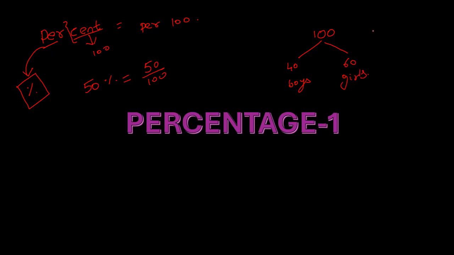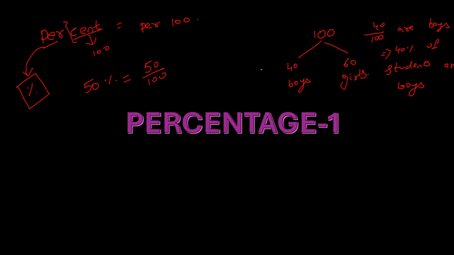So I can say that 40 out of 100 students are boys, which is also equal to 40% of the students in the class are boys. So percentage helps us to compare part with whole.